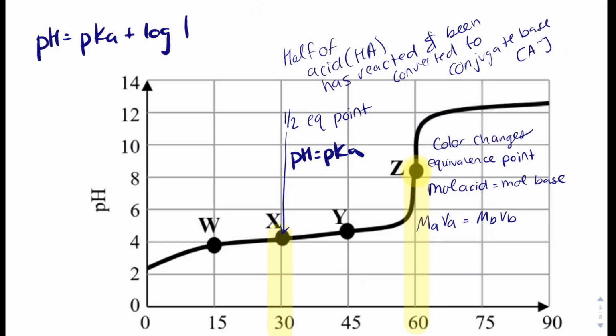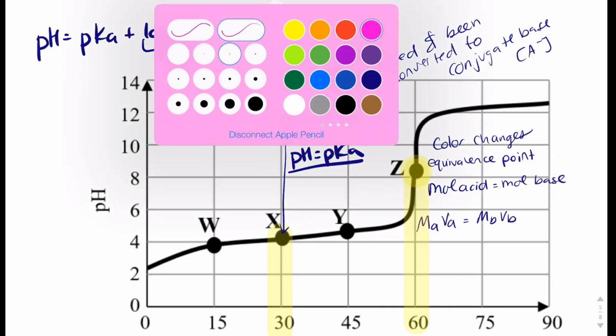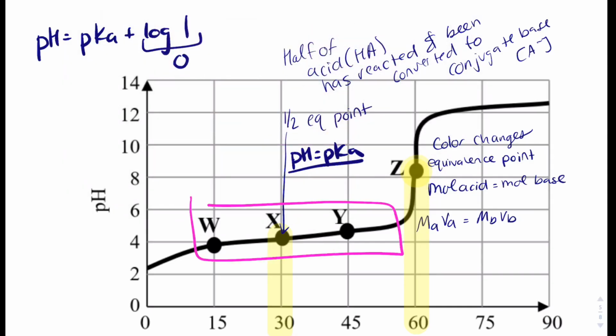Plug into your calculator right now: the log of 1 is 0. So this is just saying pH equals pKa. This whole region right here, anything that's relatively flat, would be your buffer region, and you could use the Henderson-Hasselbalch equation.